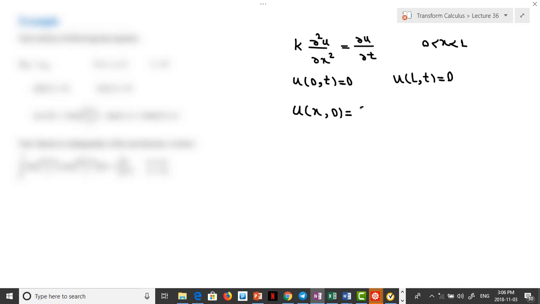In general I say it's f of x, but in the last example it was equal to x. Then we solved this example and ended up with this result.